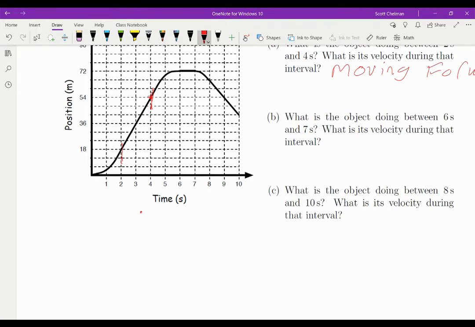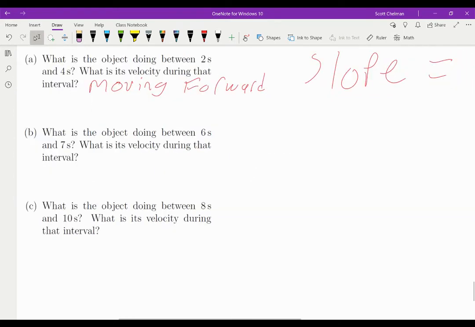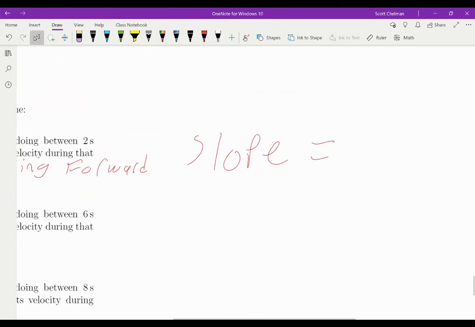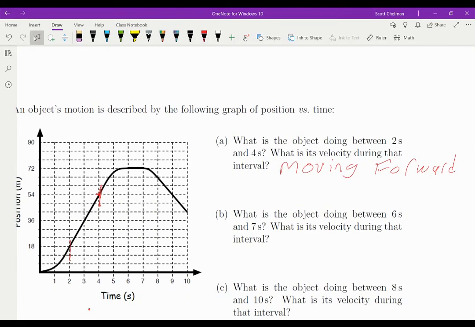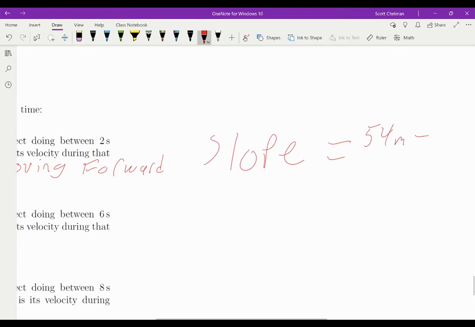Yes, it is 54 meters. And how about the y at 2 seconds? Yeah, 18. Good. 18 meters.